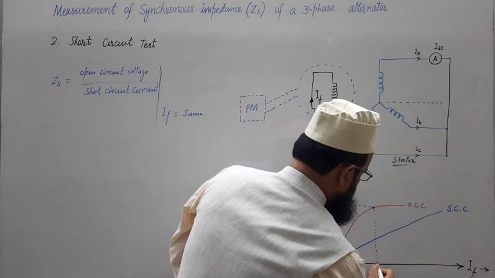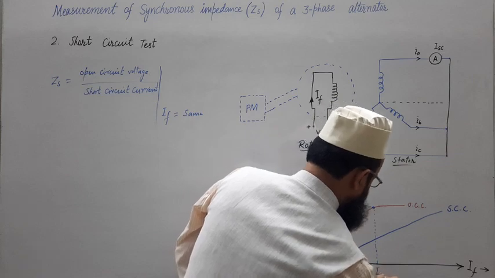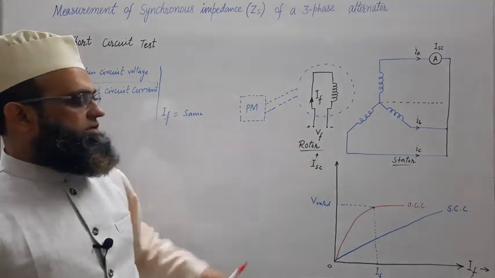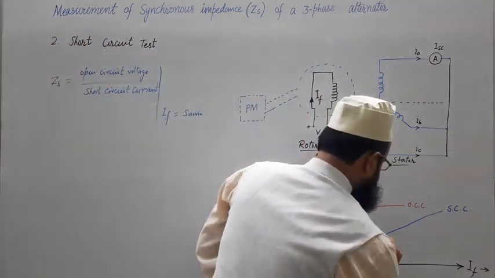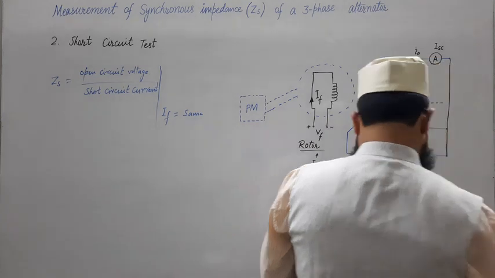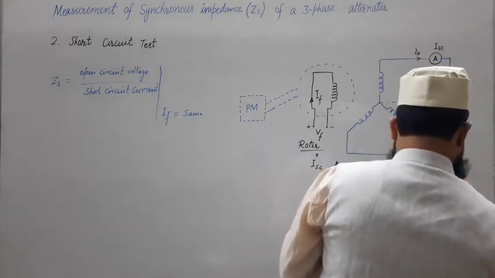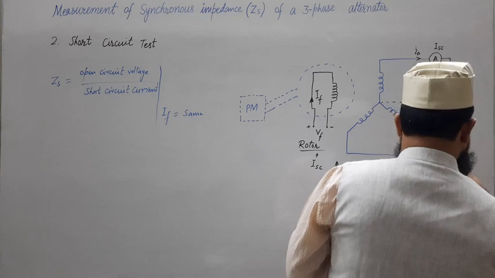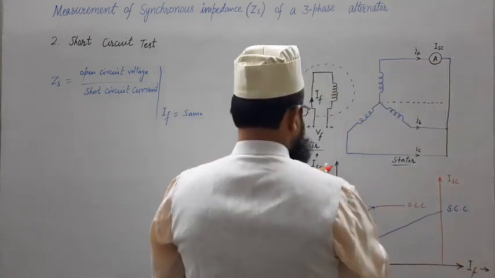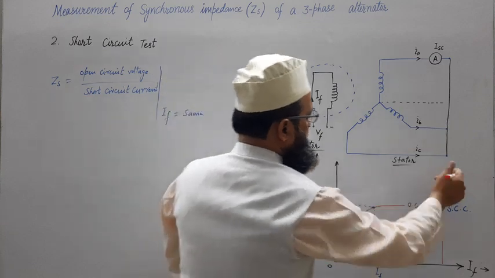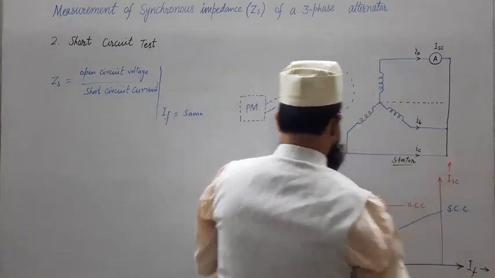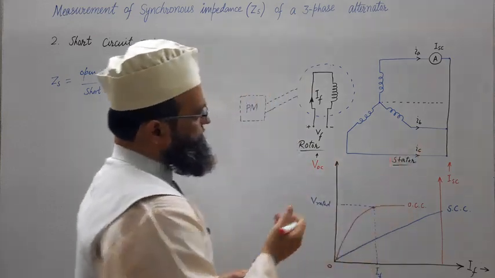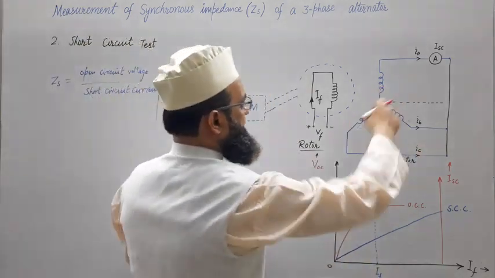So at the same value of field current at which we are getting rated open circuit voltage, let us take this axis here, somewhere here. This axis is for ISC, and this is VOC, open circuit voltage, or EPH equal to VPH, whatever it is.